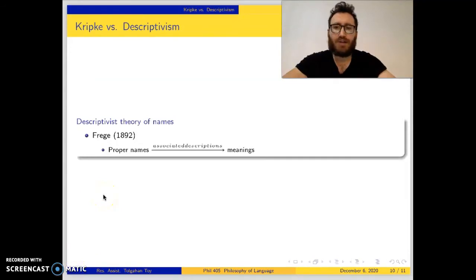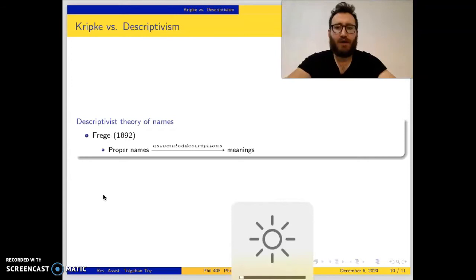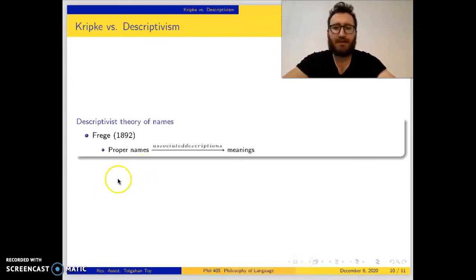So on the other side, we have the descriptivist theory of names. We have 2 big names here. One is Gottlob Frege and the other one is Bertrand Russell. You are already familiar with Gottlob Frege's descriptivist theory of names. We have linguistic expressions here, like a proper name, and proper names denote objects.